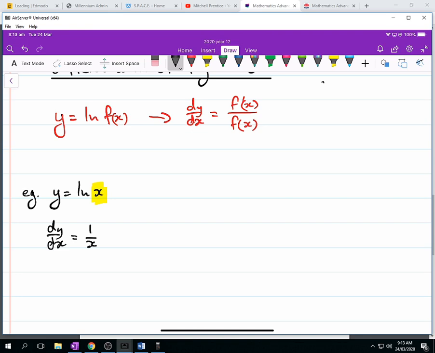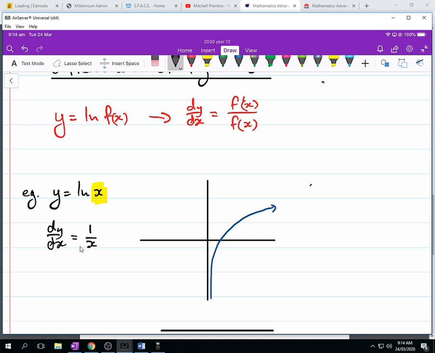So does that make sense if we draw a function? Okay, so if we had this function, and it is a function that goes through like that, we can see that when x is a really small number like 0.5, then our derivative is 1 over 0.5, which is 2.